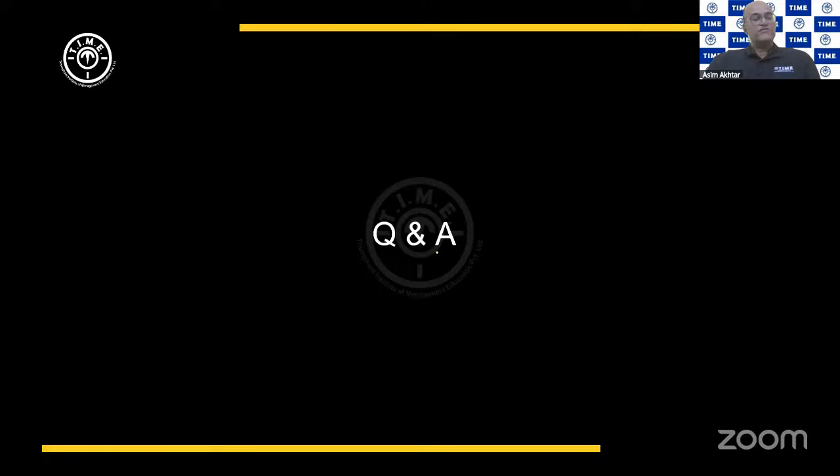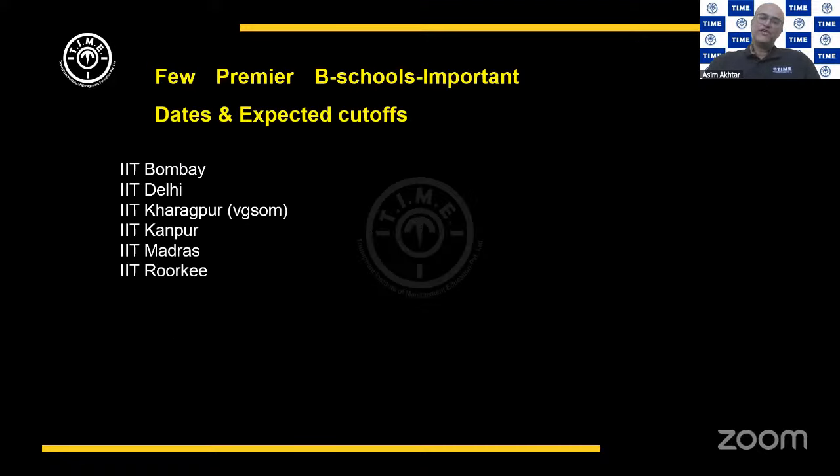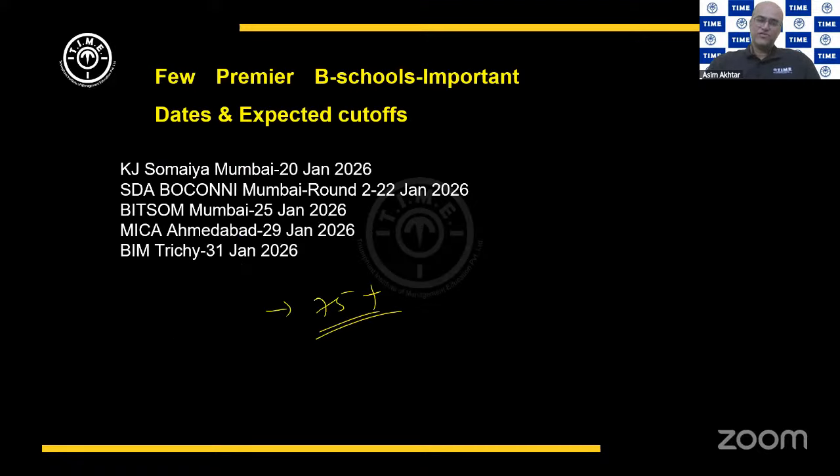Okay. The first question comes from Janak Raj. He says, I'm scoring 15 slot 1. I'm female non-engineer. Which colleges and IIMs can be expected? Now, friends, remember, I showed you our percentile predictor dashboard. Let me go back to it in case, Janak, you were not there at the beginning of my session.